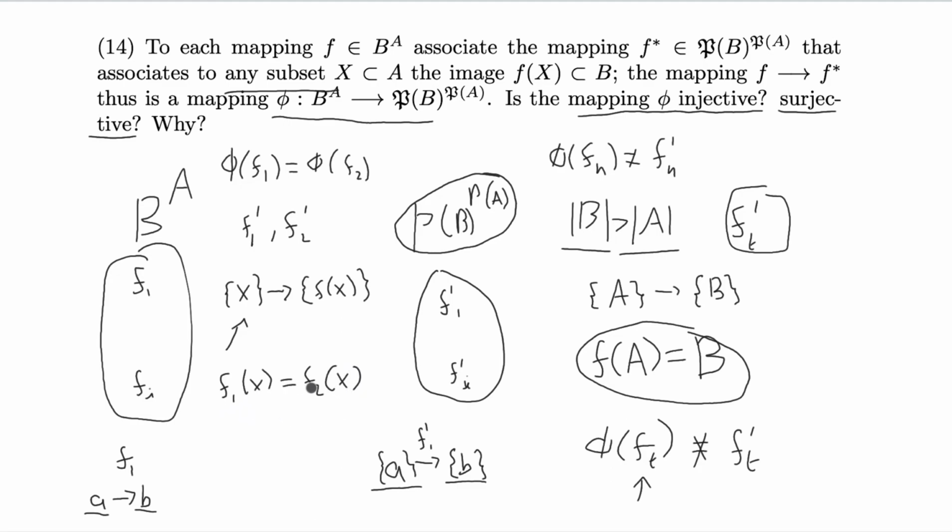But since f1 of X is equal to f2 of X for every possible set X, then clearly f1 is equal to f2, since any two mappings are the same if they send the same sets to the same sets. Therefore, we have equal outputs implying equal inputs, so the mapping phi is injective.